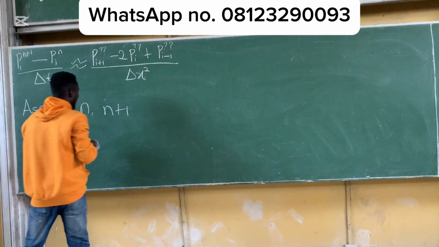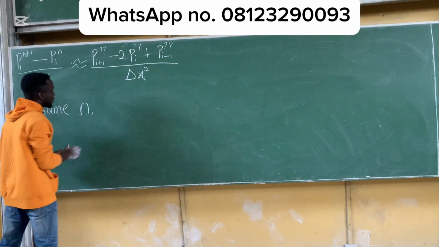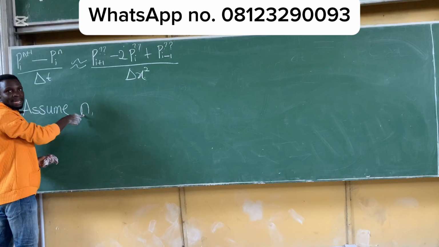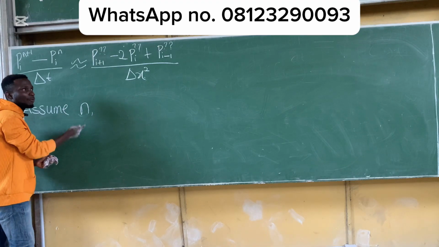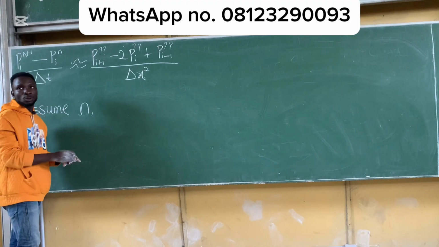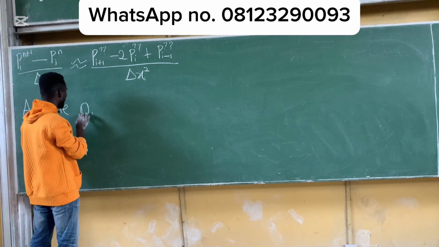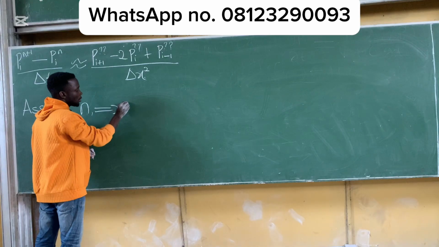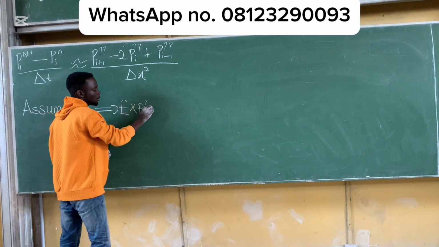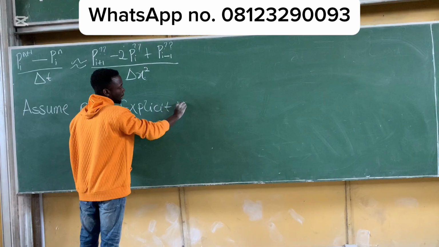But in this case now, if you want to assume the time level as n, you use the method called the explicit method.